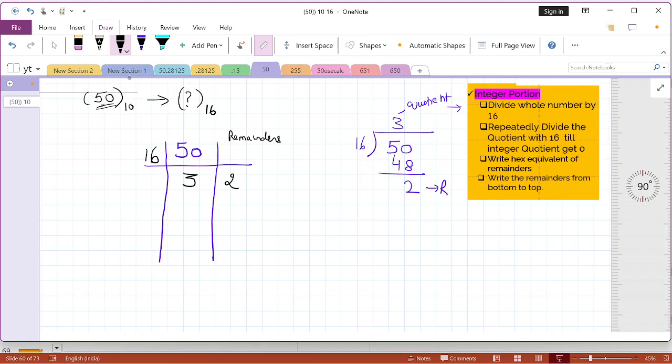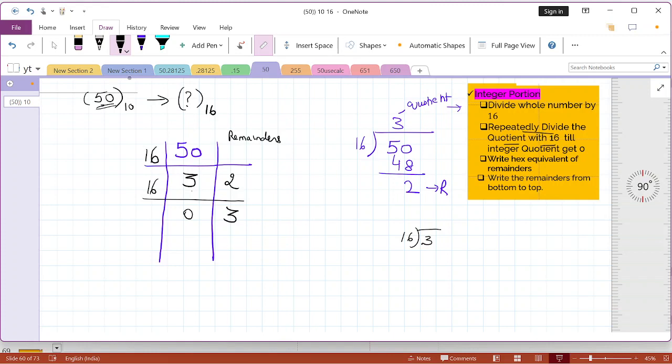Now, this is repeated division. So till when should I divide? I will divide the quotient with 16 again till this quotient part becomes 0. So we will again divide like this, 3 divided by 16. So the quotient will be 0 and the remainder will be 3. Now, how am I going to convert these remainders into a hexa number?